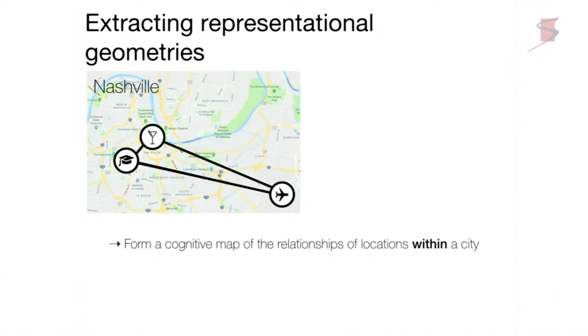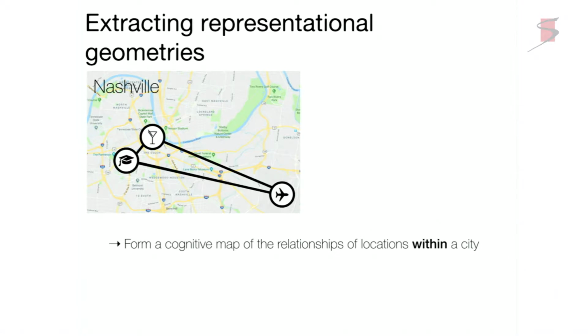Later in the evening, your host takes you downtown Nashville to have dinner and drinks. And when you're returning to the airport, and maybe your hotel's down there too, you might have already inferred this trajectory. This is something that you don't directly experience, but you have a general sense of where the airport is relative to downtown.